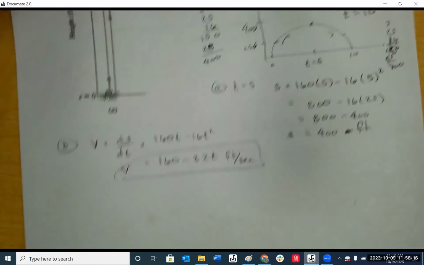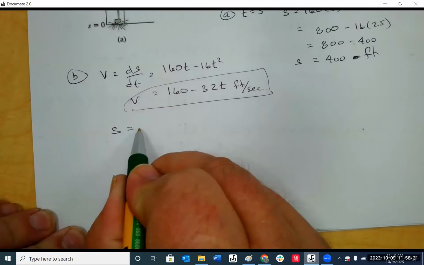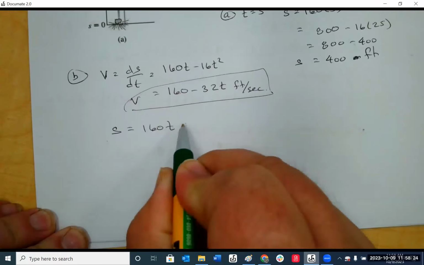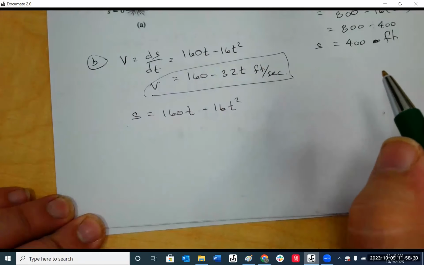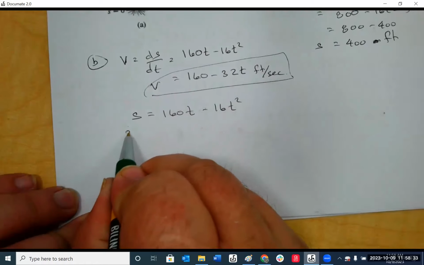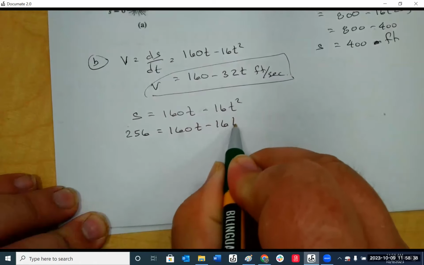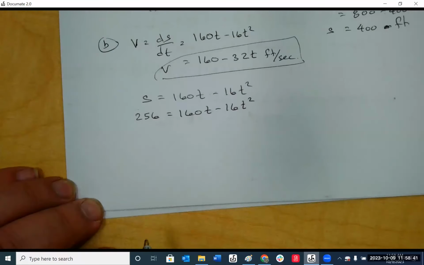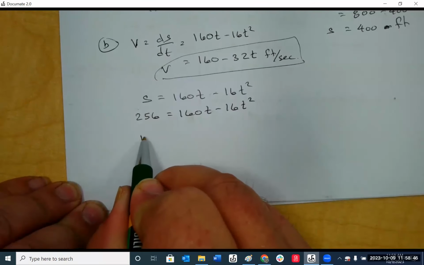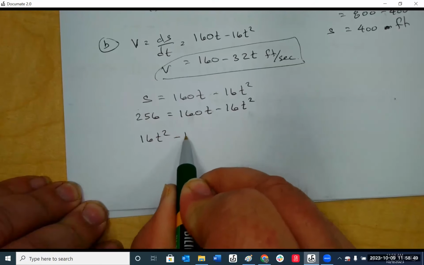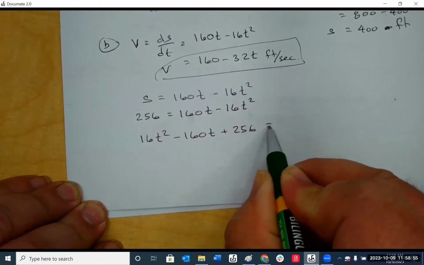But we need to know, we know the position is 160t minus 16t squared. We want it when it is 256 feet, because we have to find the t's first to put in the formula. So we have 16t squared minus 160t plus 256 equals 0.